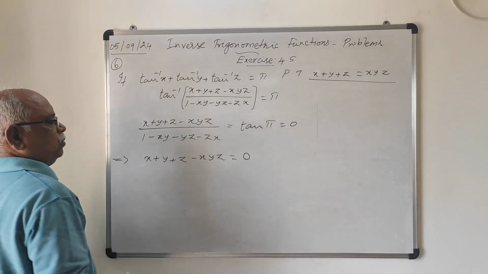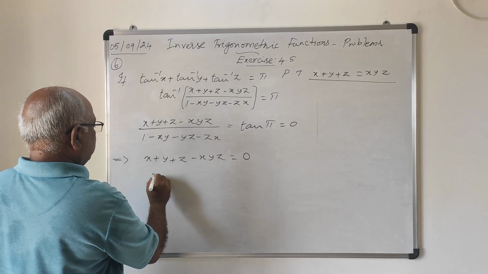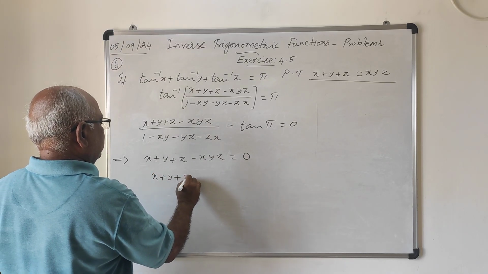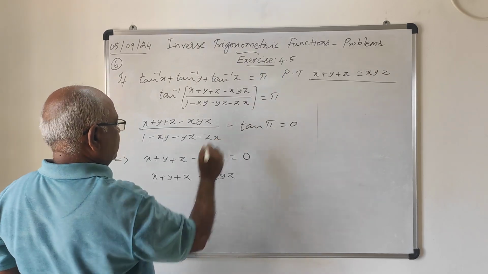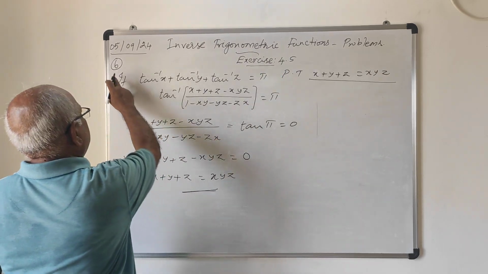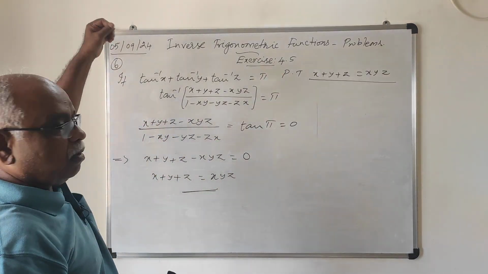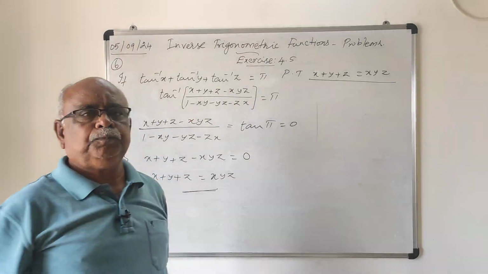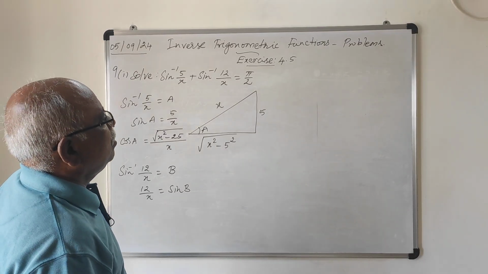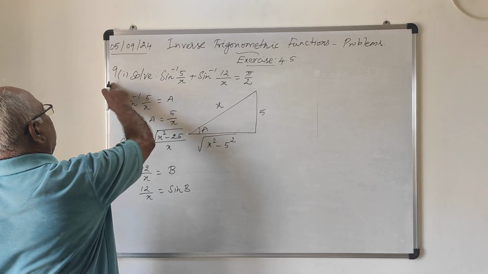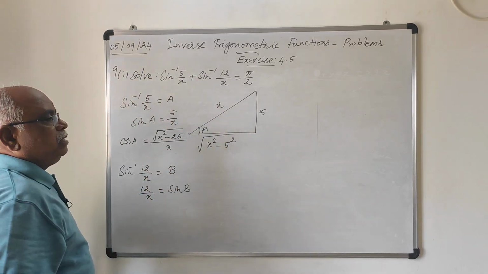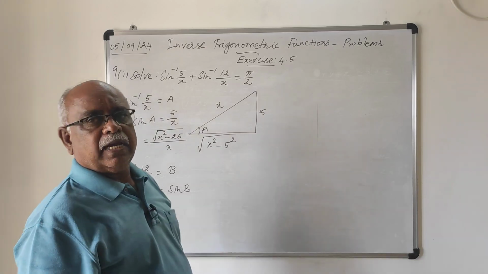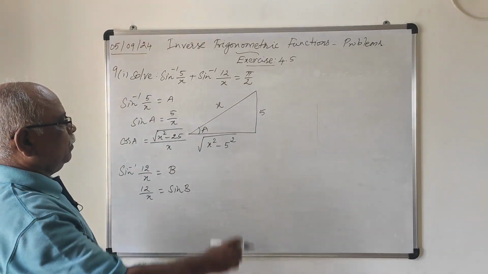So the numerator is 0, and from this expression you get x plus y plus z equals xyz. That is our required answer. This is problem number 6, just a deduction of problem 5. Okay? Next, we are going to solve problem 9. In this, the first subdivision is: solve the equation sin inverse 5 by x plus sin inverse 12 by x equals pi by 2, given.